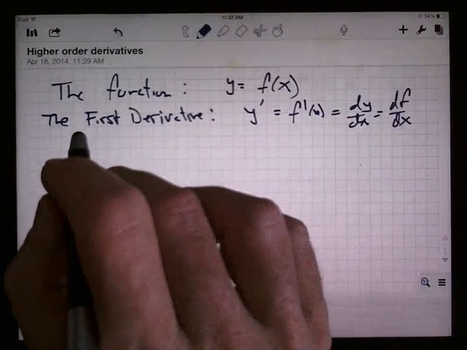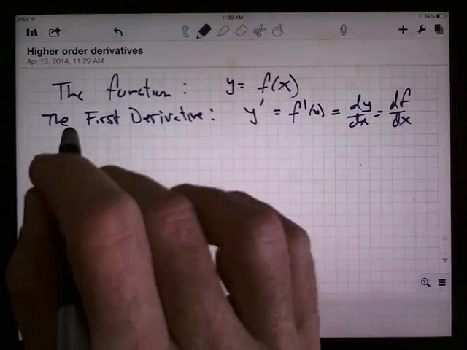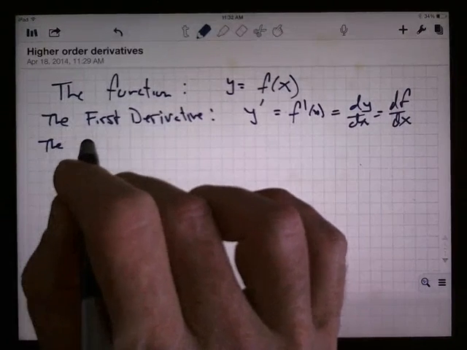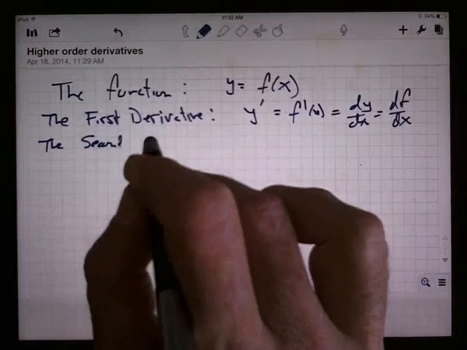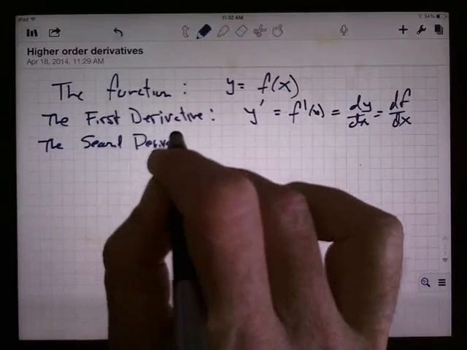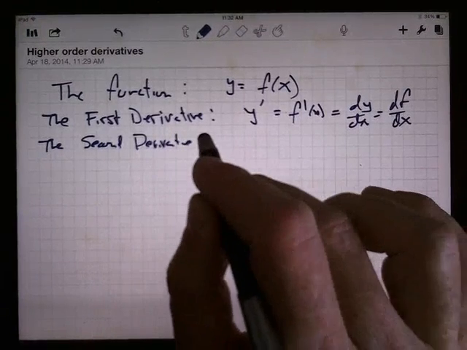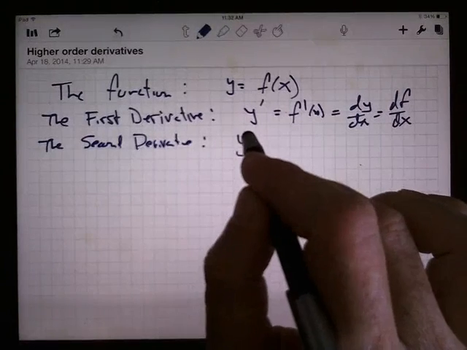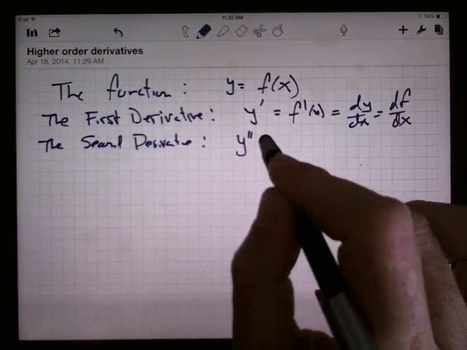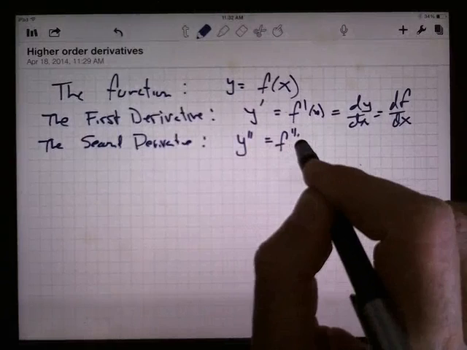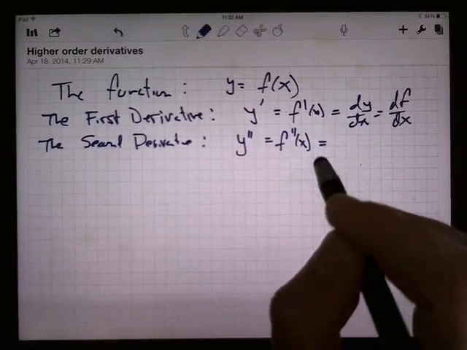So if I take the derivative of the derivative, this is what's called the second derivative. And notationally, I'd either do this as y double prime, or maybe f double prime of x, or maybe I do this.